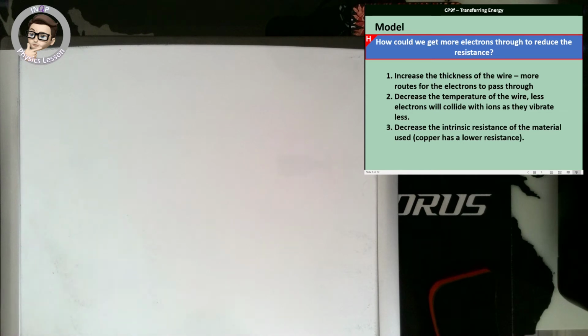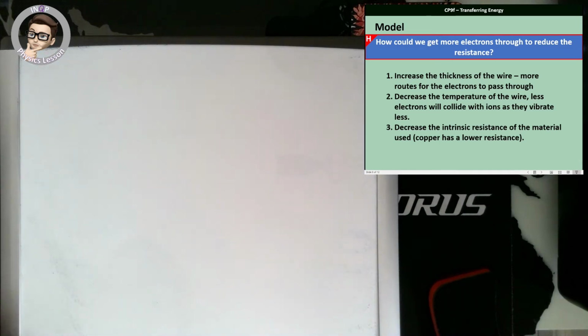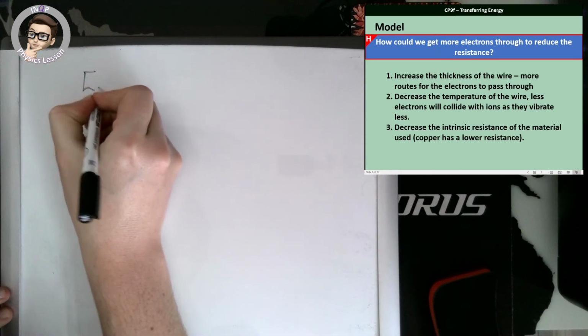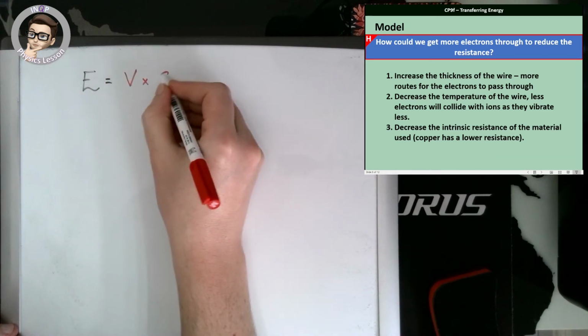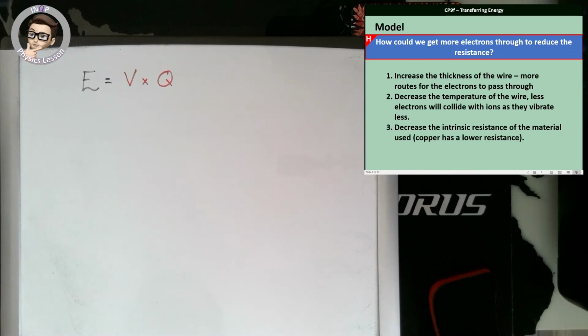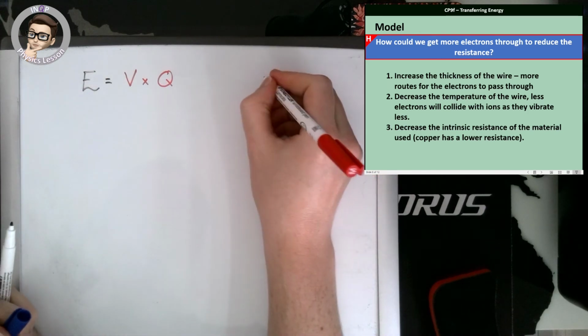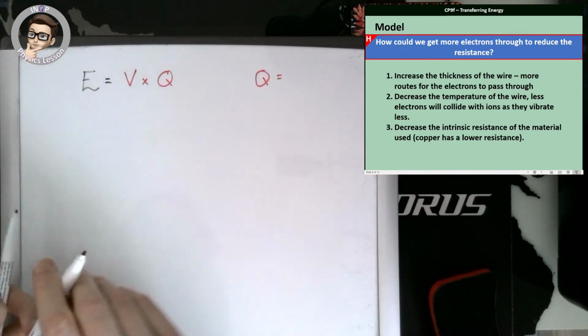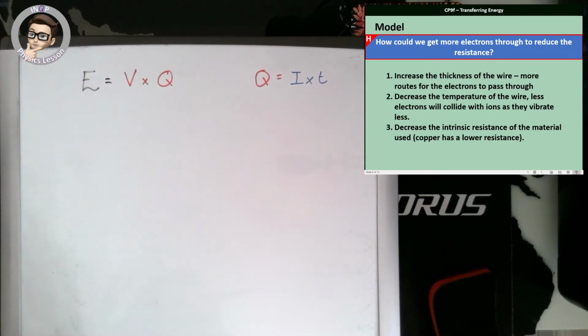So if we wanted to work out the energy that's transferred, we actually know an equation already. In our previous lesson, we have learnt E equals V times Q. We also know that Q equals I times T. Two quite important equations that we've learnt so far.